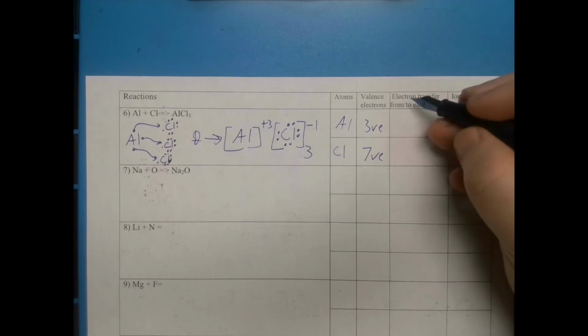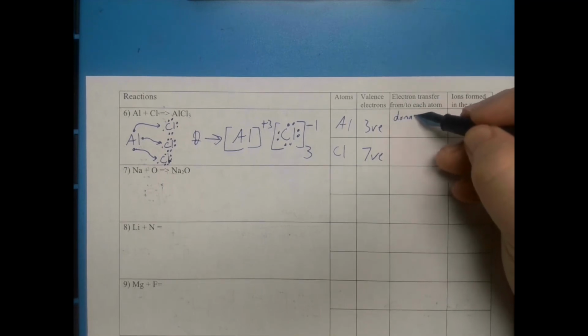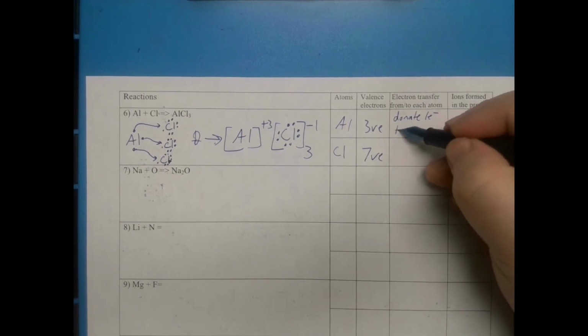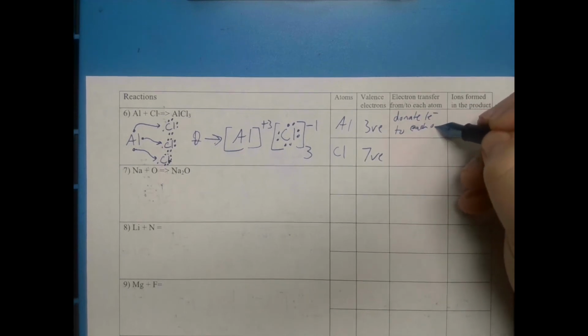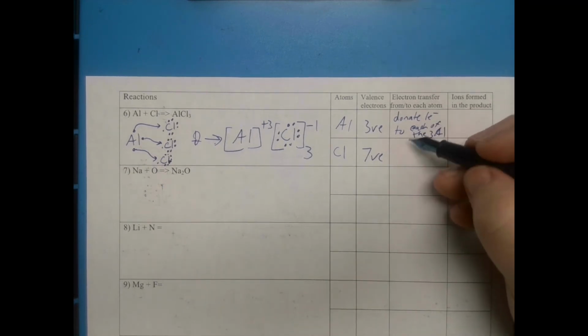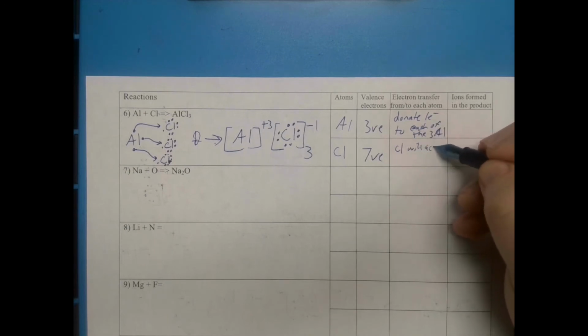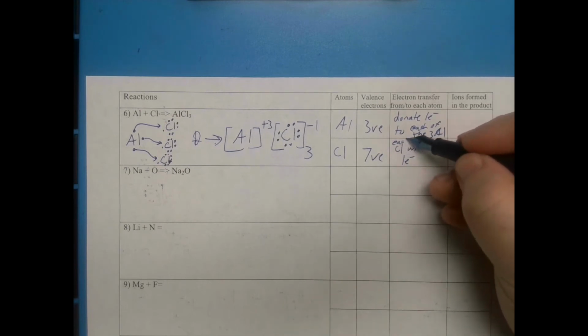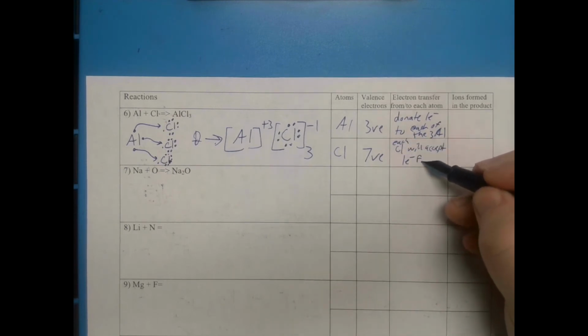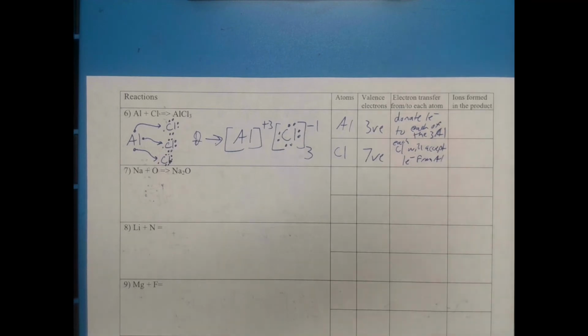So the aluminum will donate 1 electron to each of the 3 chlorine, and a chlorine will accept 1 electron. So each chlorine will accept 1 electron from aluminum.